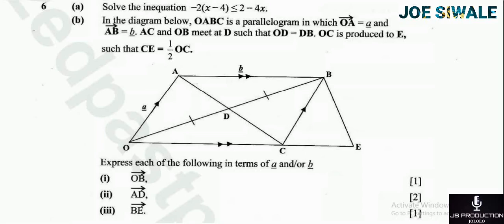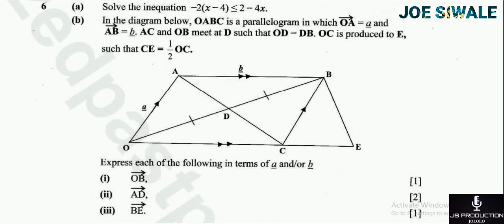Question B reads, in the diagram below, OABC is a parallelogram in which vector OA is equal to vector A and vector AB is equal to vector B. AC and OB meet at D such that OD is equal to DB.